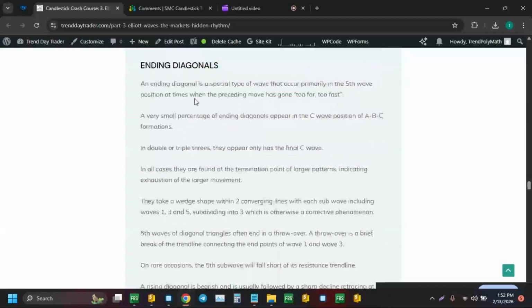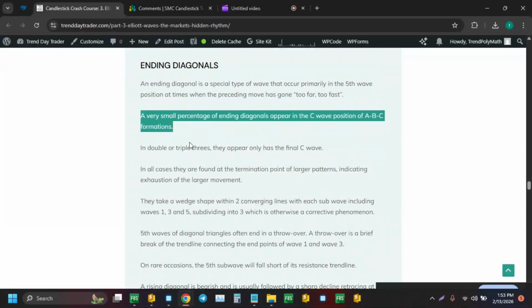Okay, here it is. An ending diagonal is a special type of wave that occupies the fifth wave position at times when the preceding move has gone too far too fast. A very small percentage appear in the wave C position of an ABC formation. That very small percentage is what you're experiencing.